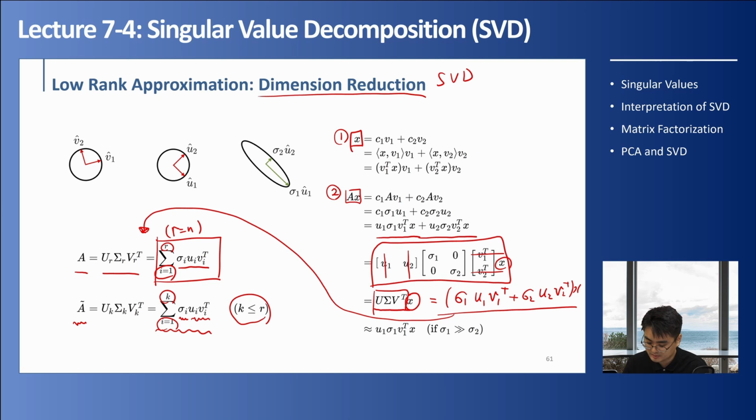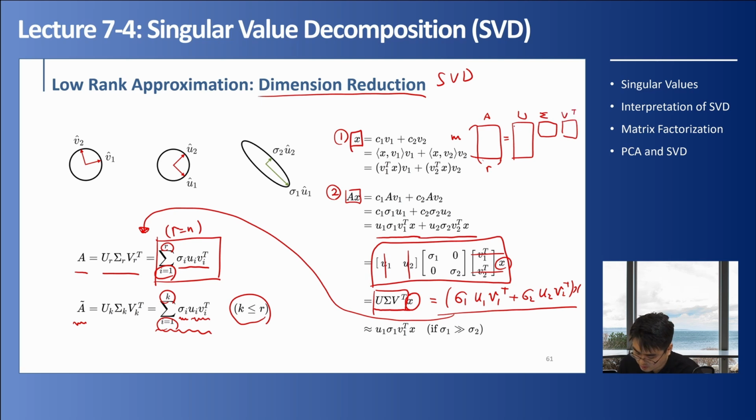To draw this in a more graphical way, we know that our A matrix has the size of M by R, and we're decomposing this into U, sigma, and V transpose.